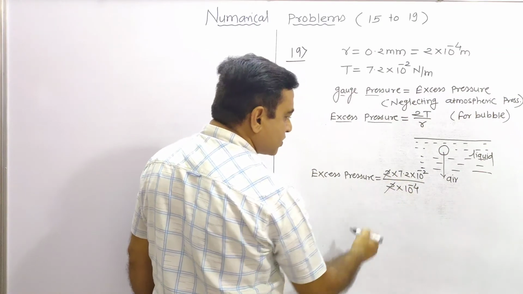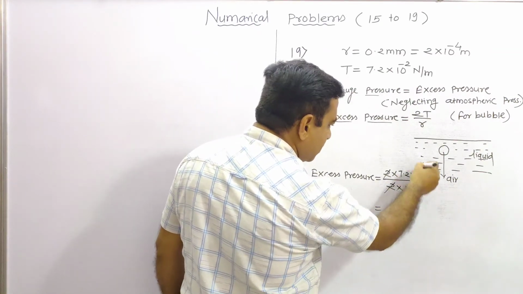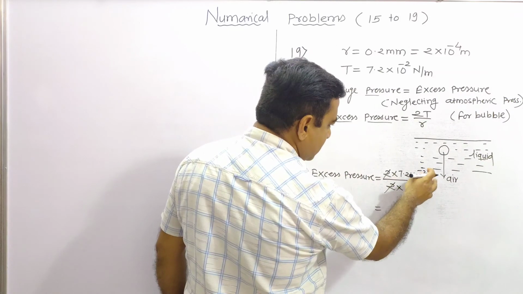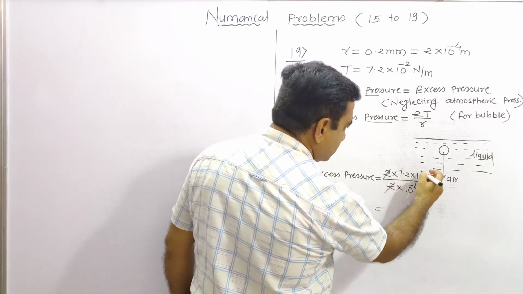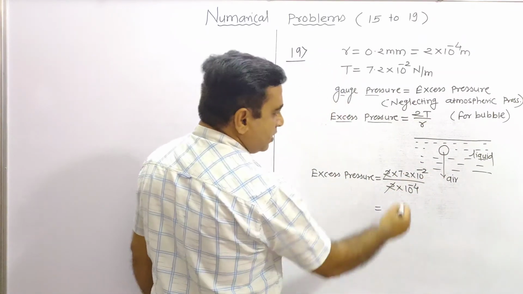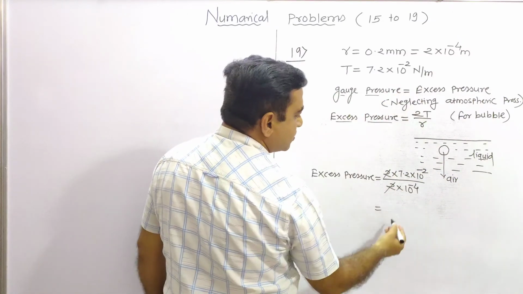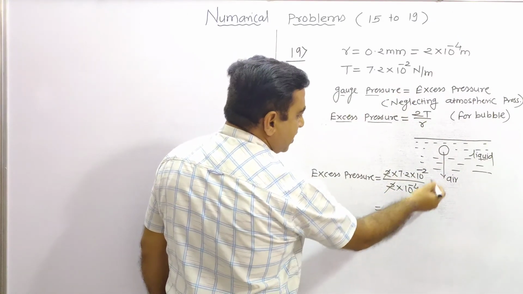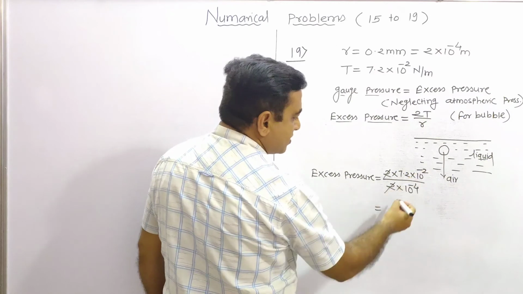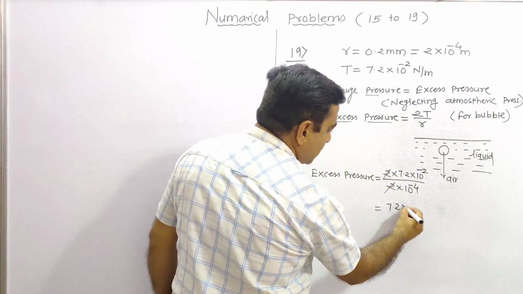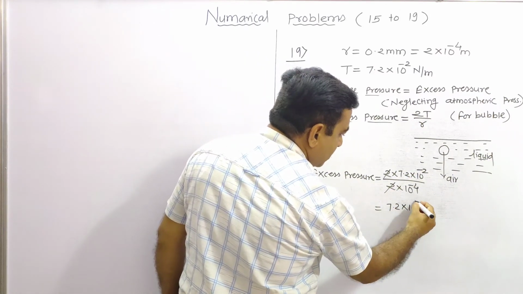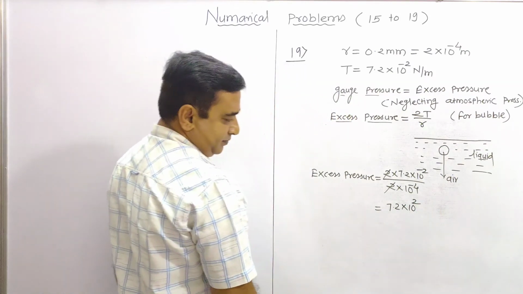These 2 cancels with this 2. And when it is taken in the numerator, see here it is minus 2. Okay? 7.2 into 10 raised to power minus 2. When it is taken in numerator, it becomes plus. So 7.2 into 10 raised to power 2 only.